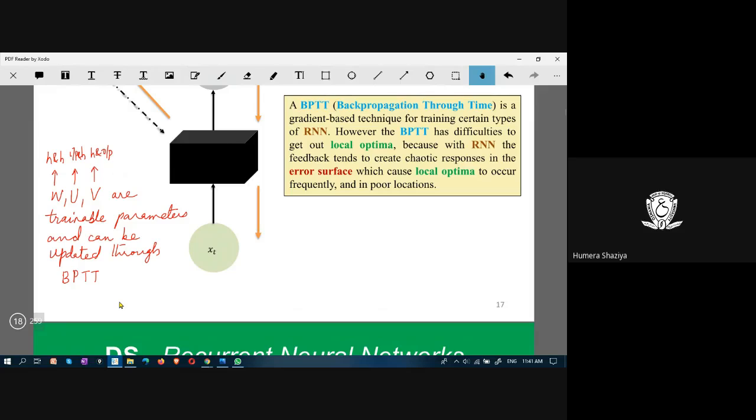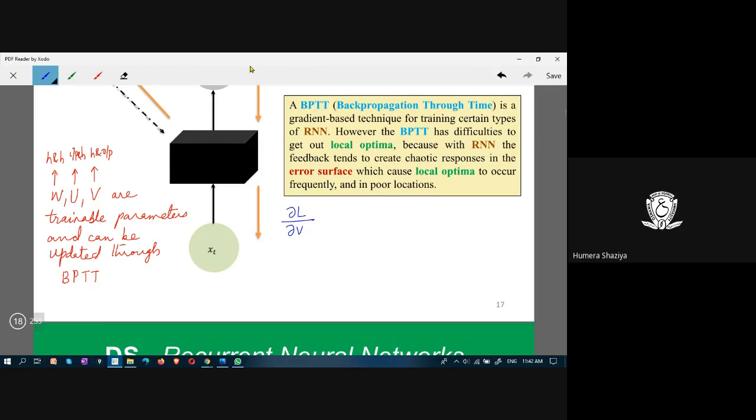Let us look at their equations. You find the derivative of loss with respect to V, and likewise you do for W and for U as well.